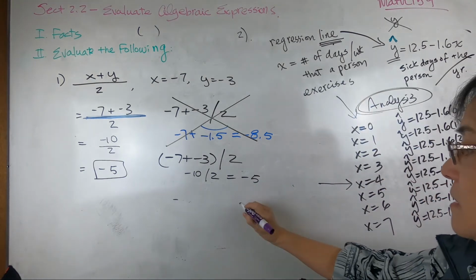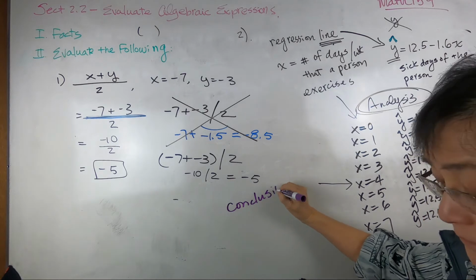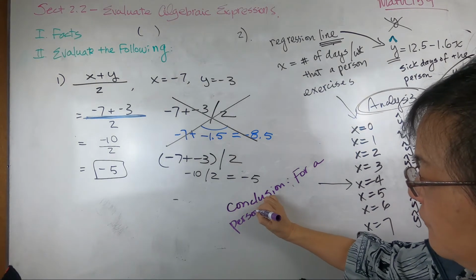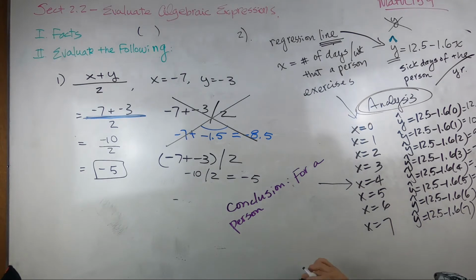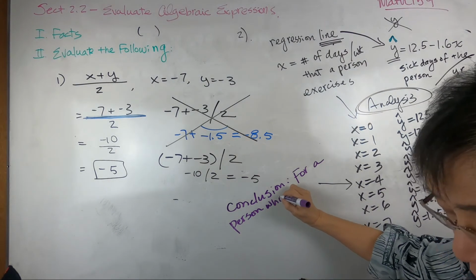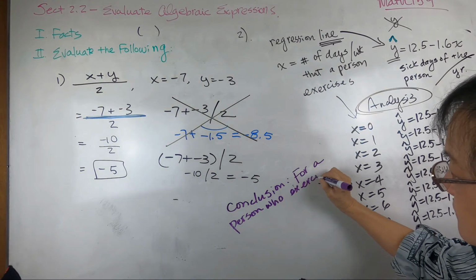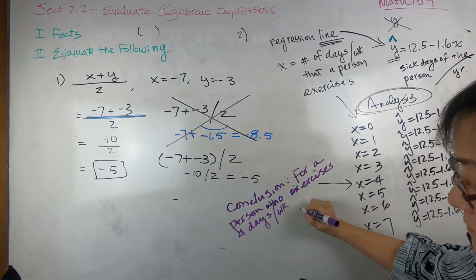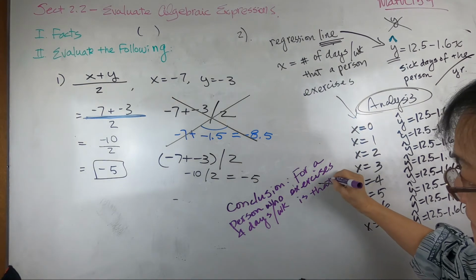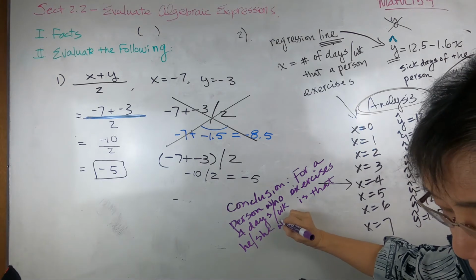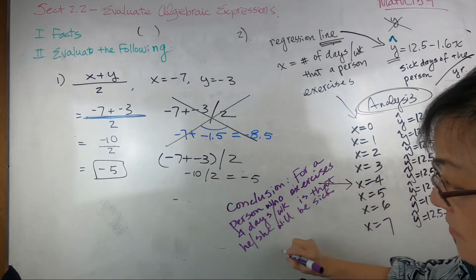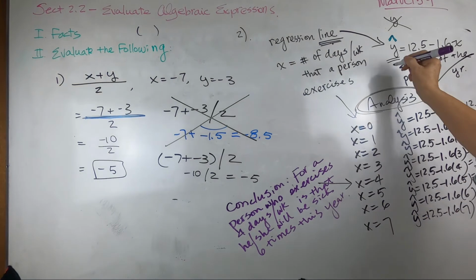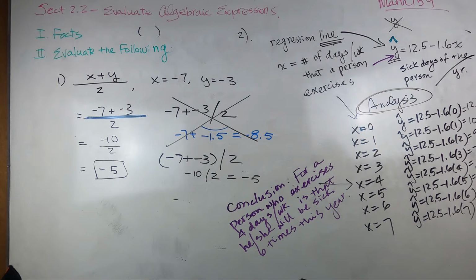Let's write it out for the conclusion. From the question, we need to find out for a person, X is 4, which means who exercised 4 days per week, that the person, he or she, will be sick 6 times this year according to the prediction formula given to you.